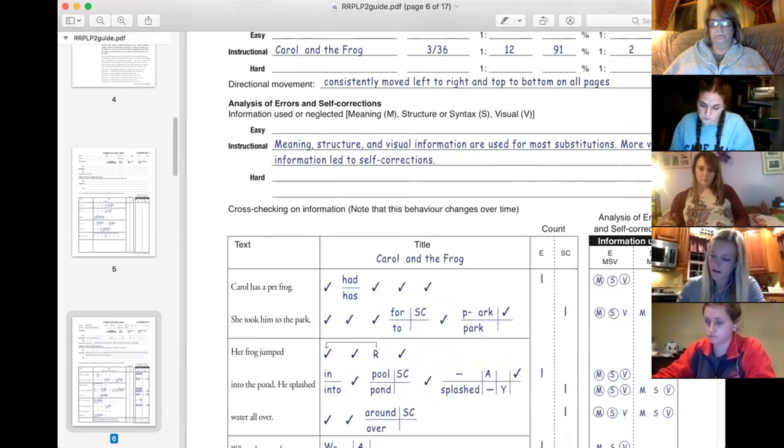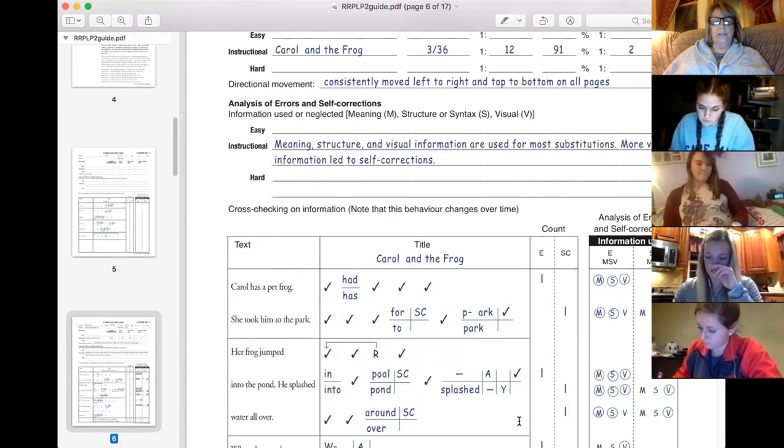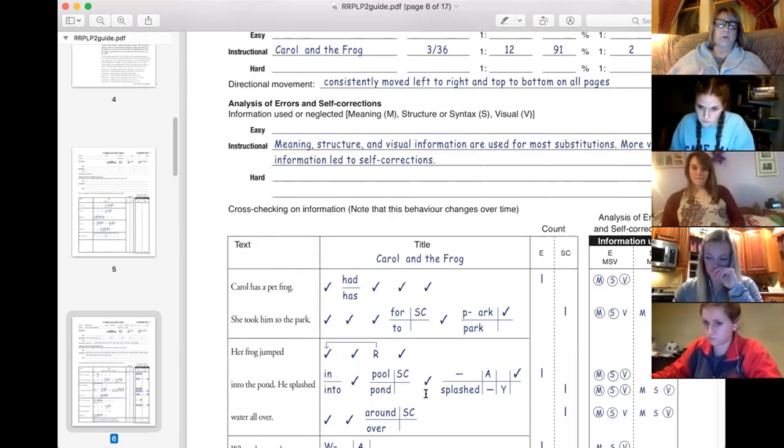Hard page. So when the child said in for into, it means the same thing. They look the same. Structurally, it's correct, so I gave it all 3, MS and V. Pool for pond, again, if you saw the book, you might not have given it meaning, but in the book, this pond is square.